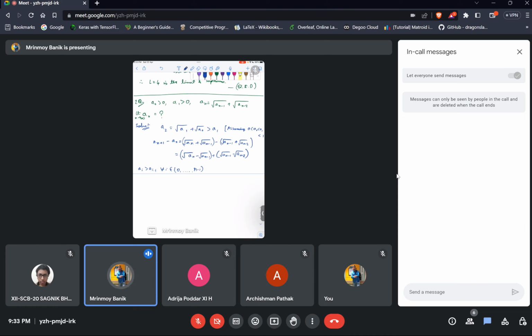Then using the strong form of induction, we can see this is positive and this is positive. Hence, this has to be positive. So AN plus 1 is greater than AN. So AN is increasing, we can show using induction.